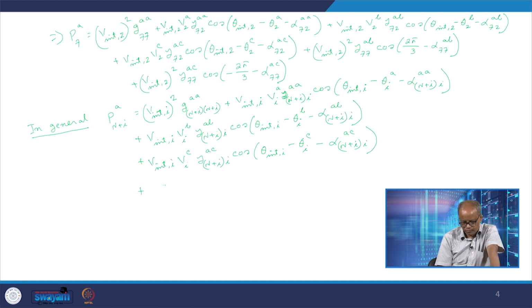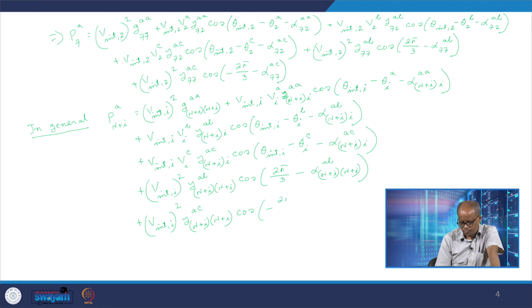Then plus V internal i whole square y n plus i a b cosine 2 pi by 3 minus alpha n plus i a b, then plus V internal i whole square y n plus i a c cosine of minus 2 pi by 3 minus alpha n plus i a c.